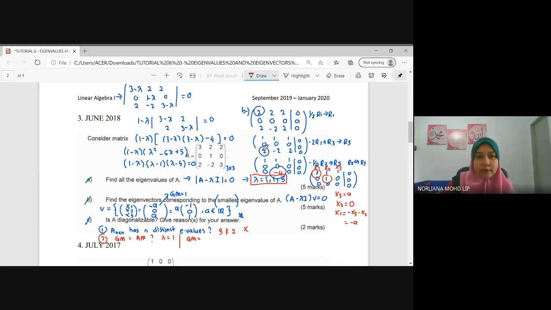Ni awak dah buat. Yang ni lah soalan refer kepada B lah. So nanti kita dapat GM equal to 1. And AM equal to 2.